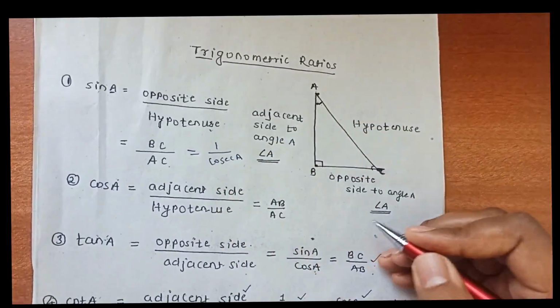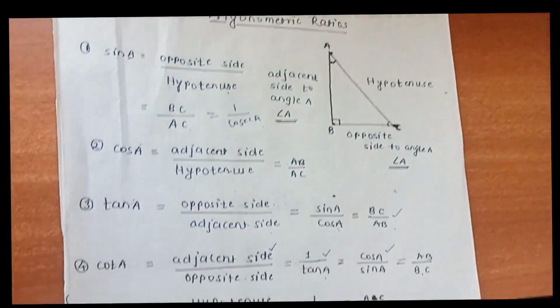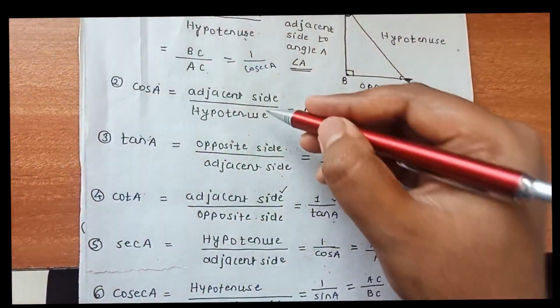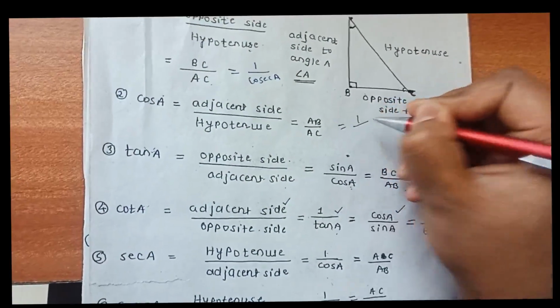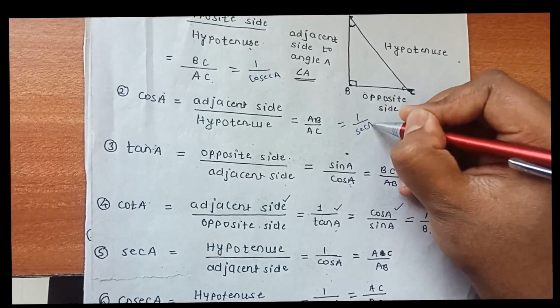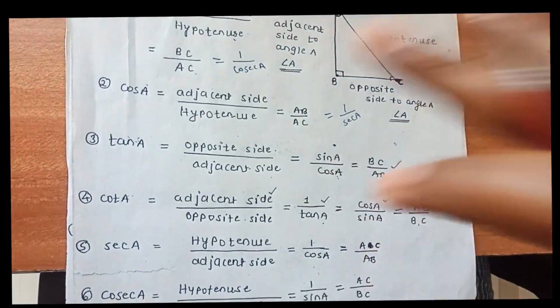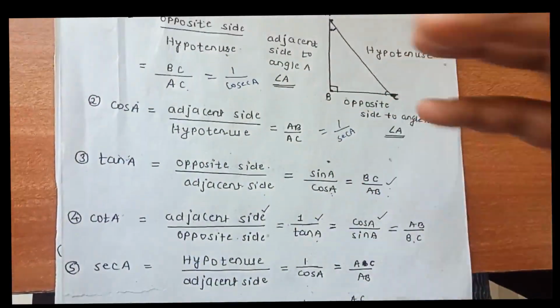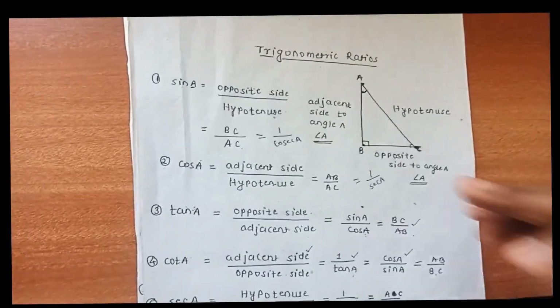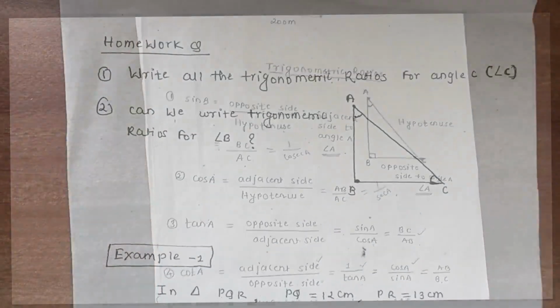Since sec A is equal to 1 upon cos A, cos A also we can write as 1 upon sec A. So these are all the basic formulas before starting trigonometry. You should know the concept and the basic fundamental formulas to move ahead.